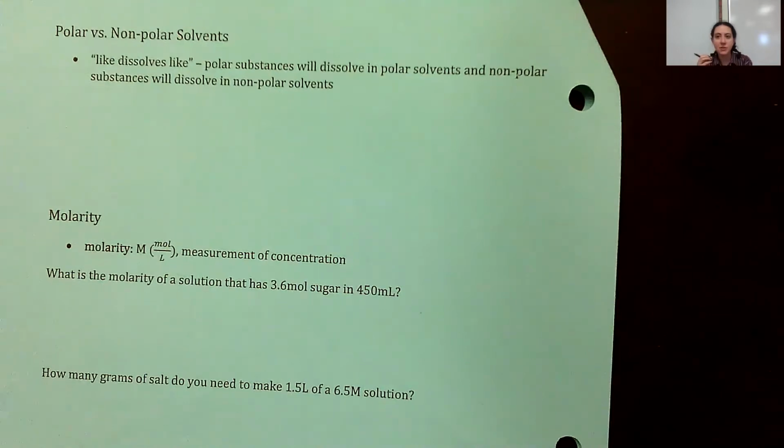It really just has to do with the fact that polar substances are generally more attracted to each other, or the water is attracted to itself more than it is to the oil, so it doesn't really dissolve. But this general idea of like dissolves like is usually universally true. So something to keep in mind.